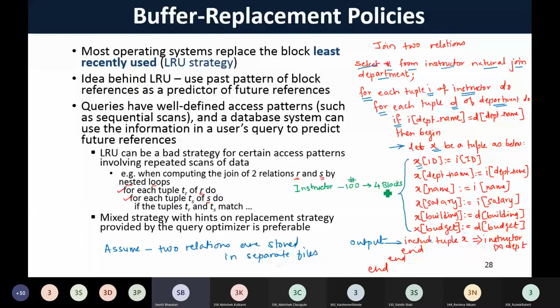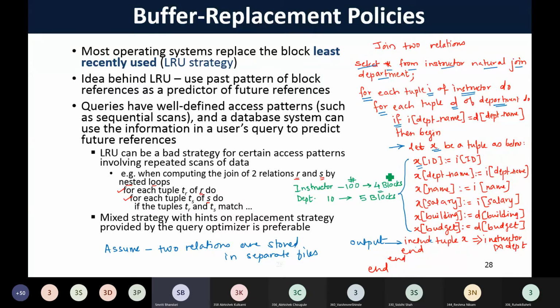Also, let us assume that we are having say 10 departments and the data related to those departments is stored say in 5 blocks. These are simply the assumptions. So if these are the assumptions, 100 instructors are being stored in 4 blocks.